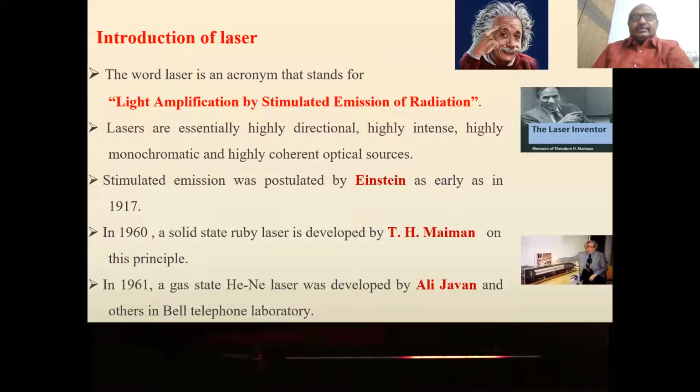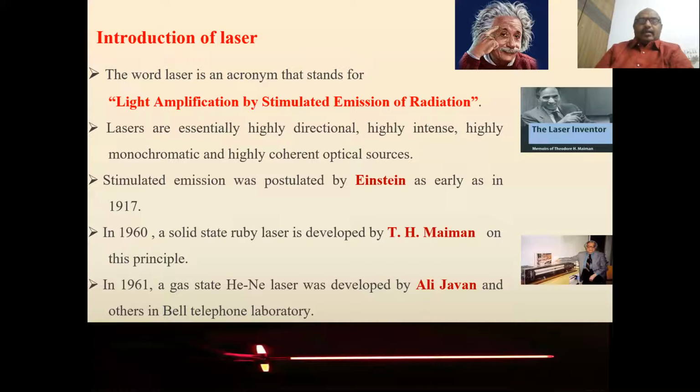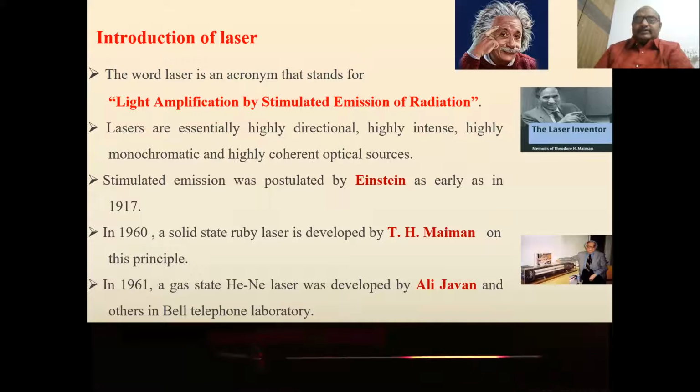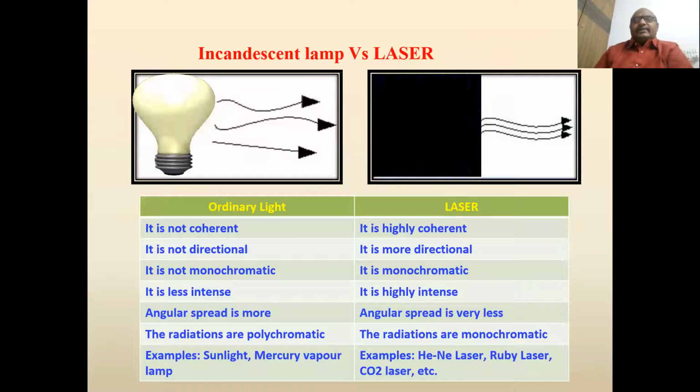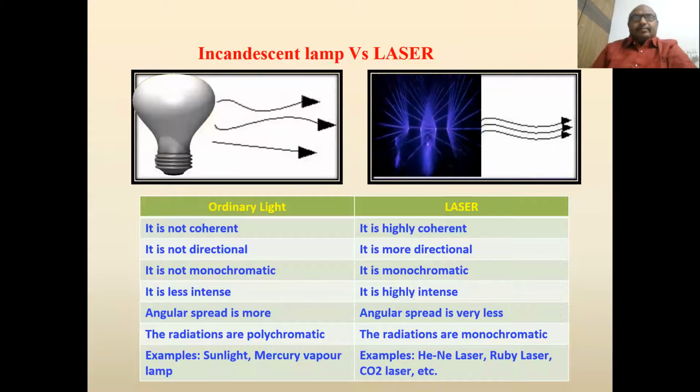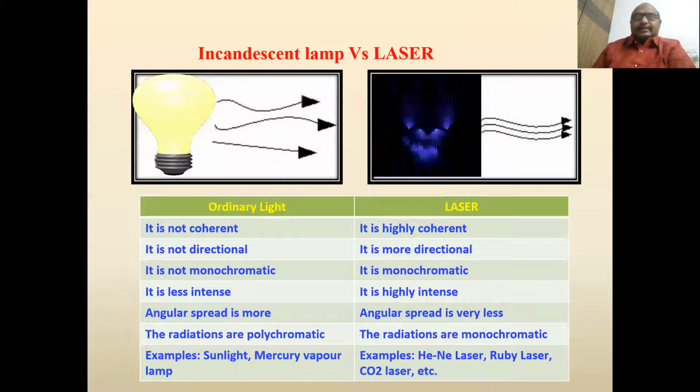Stimulated emission was postulated by Einstein as early as 1917. In 1960, a solid-state ruby laser was developed by T.H. Maiman on this principle. In 1961, a gas-state helium neon laser was developed by Ali Javan and others in Bell Telephone Laboratories.